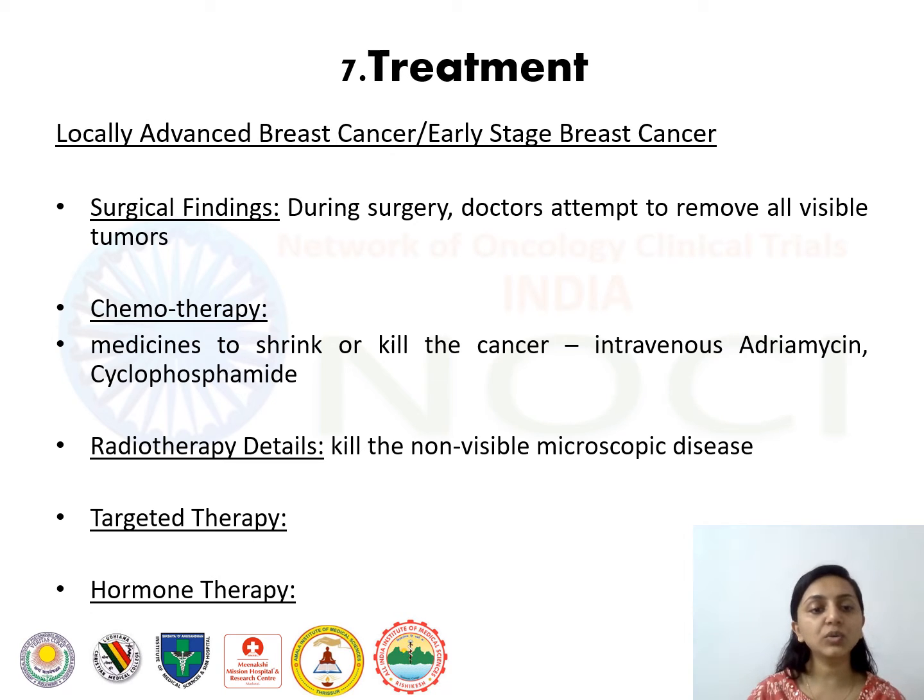And treatment includes different modalities of treatment like surgical treatment where the doctor tries to remove all the visible tumor, chemotherapy which uses medicines to shrink or kill the cancer, radiotherapy to kill the non-visible microscopic disease, and certain targeted therapies because cancer cells have certain proteins that appear on the surface of the cancer cell. So if a medicine can identify these proteins easily, then they can easily kill these cancer cells.